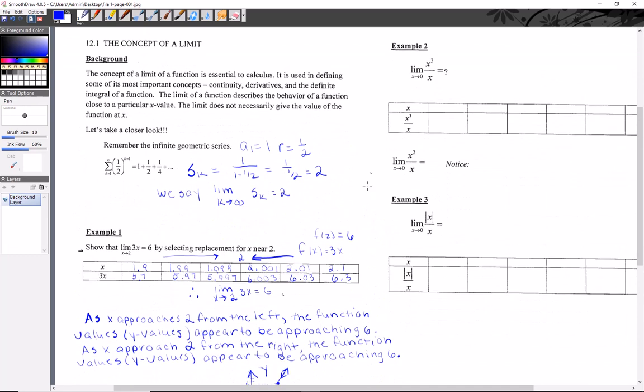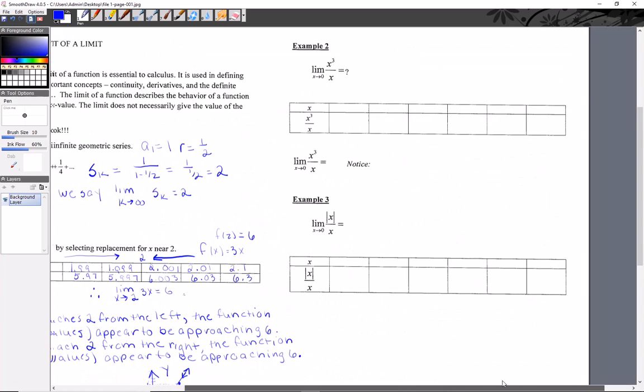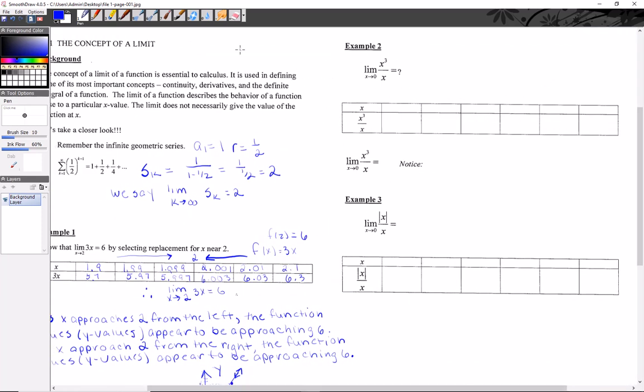Say, take, for example, this next one up here, number 2. And this is an interesting one. We're going to approach this in the same way, as x approaches 0. Clearly, if we were to plug a 0 in here, things would go undefined.